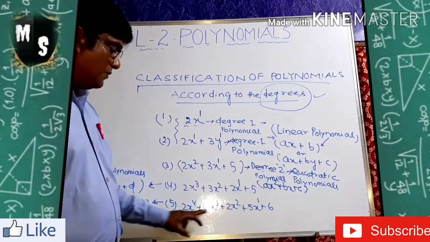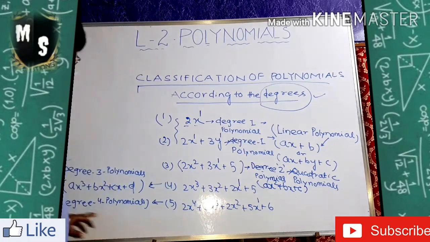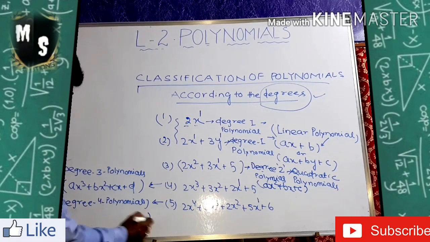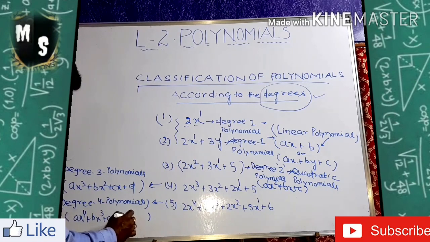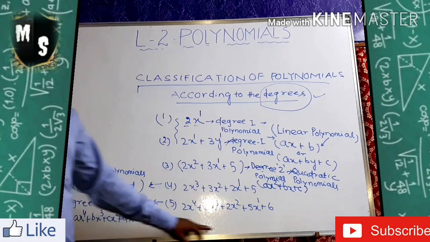Their identification is ax4 plus bx cube plus cx square plus dx plus e. This is the format for the degree 4 polynomial.